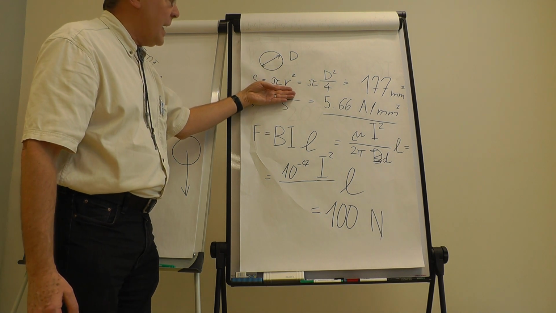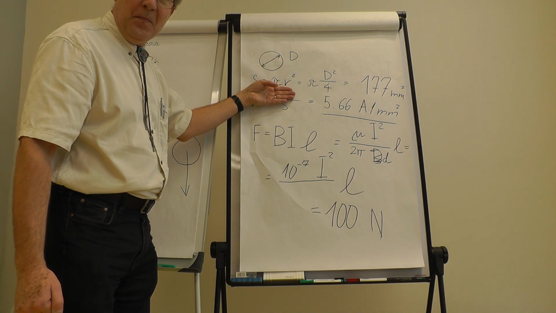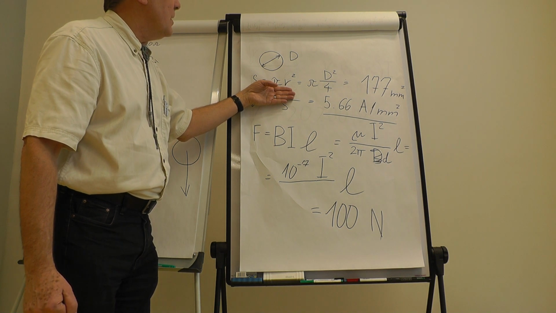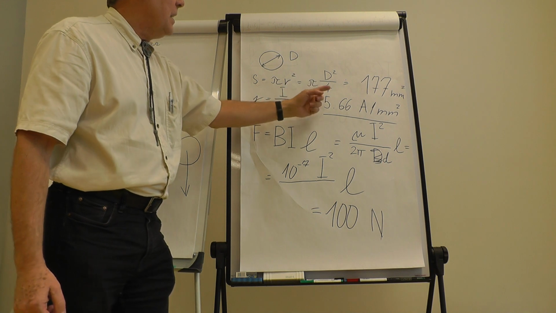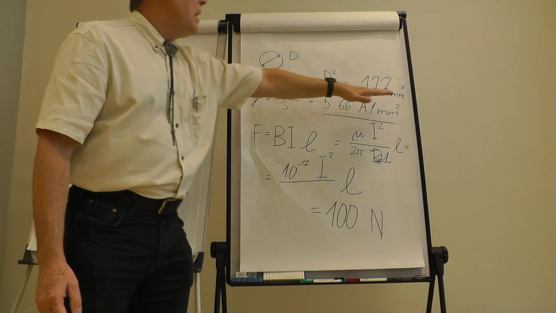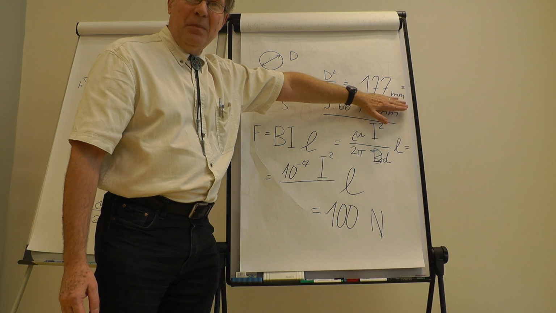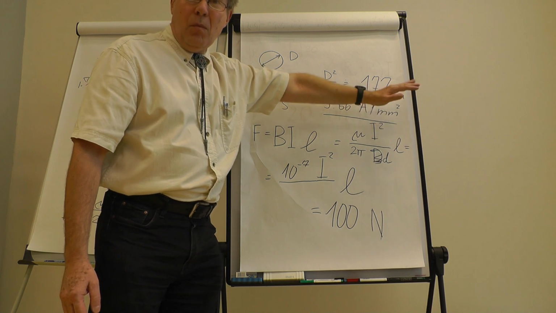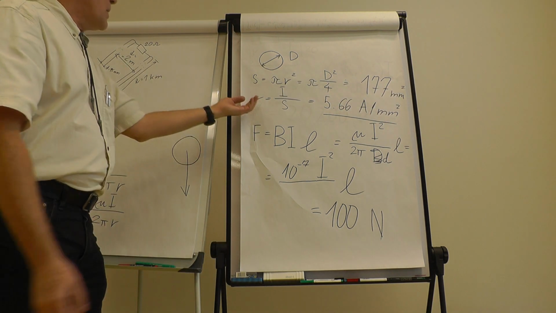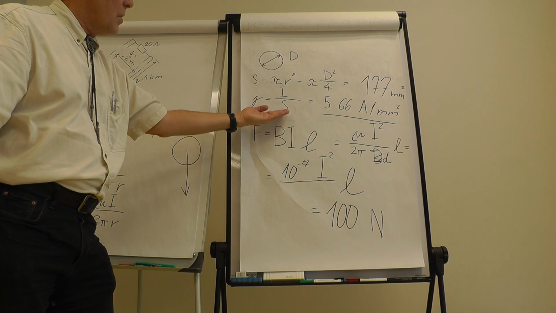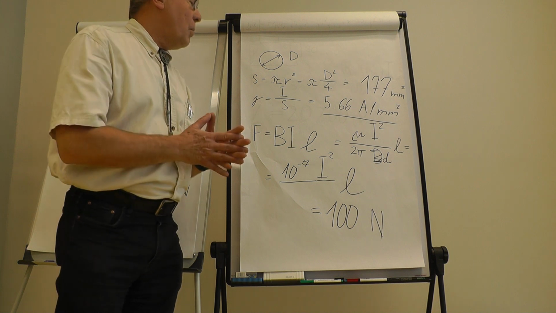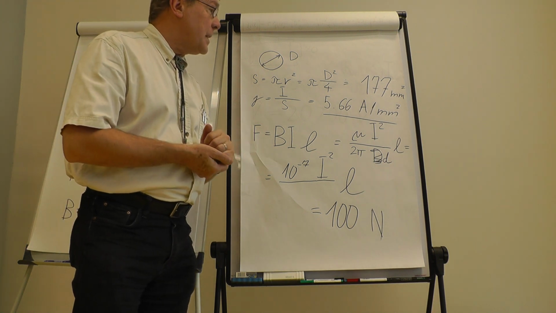The cross-section is of the shape of a circle. Then the area of that is pi r squared, or pi d squared divided by 4, which gets to 177 millimeters square approximately.